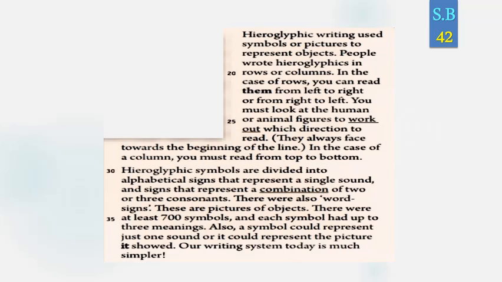Hieroglyphic writing uses symbols or pictures to represent objects. People wrote hieroglyphics in rows or columns.